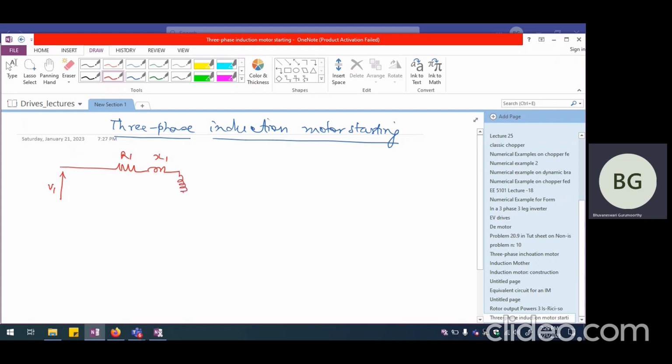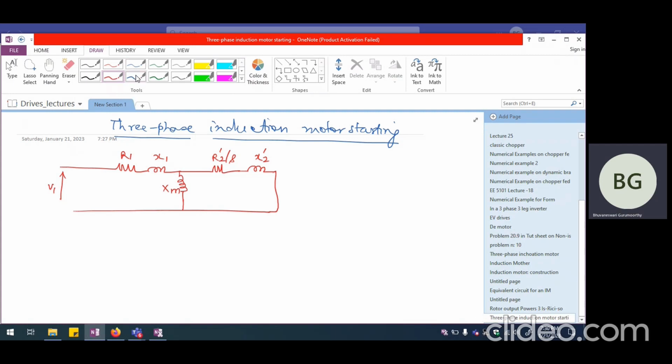And we will have a magnetizing reactance, and we will have R2 dash divided by S, which is the resistance visualized from the stator side, and it is also taking into account the slip factor, and this is the leakage reactance of the rotor winding, which is visualized from the stator side. So this is the generalized per phase equivalent circuit of the induction motor.